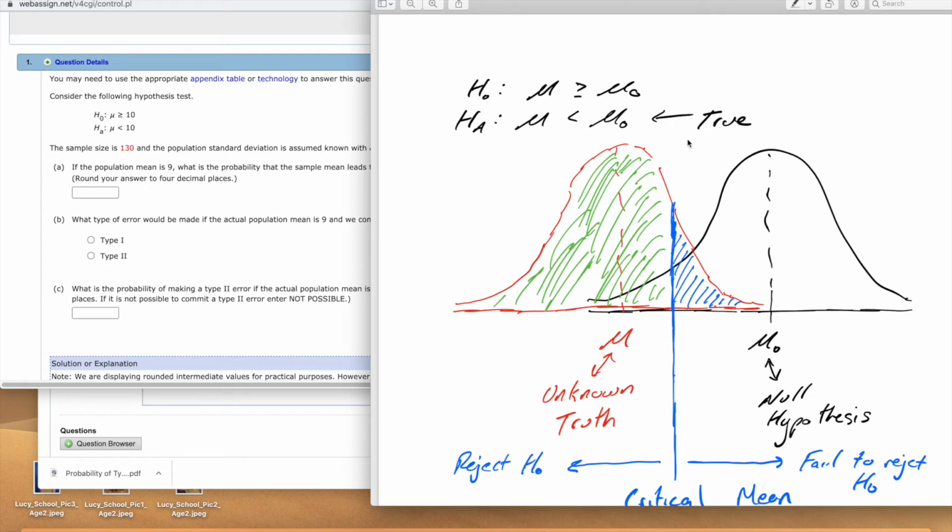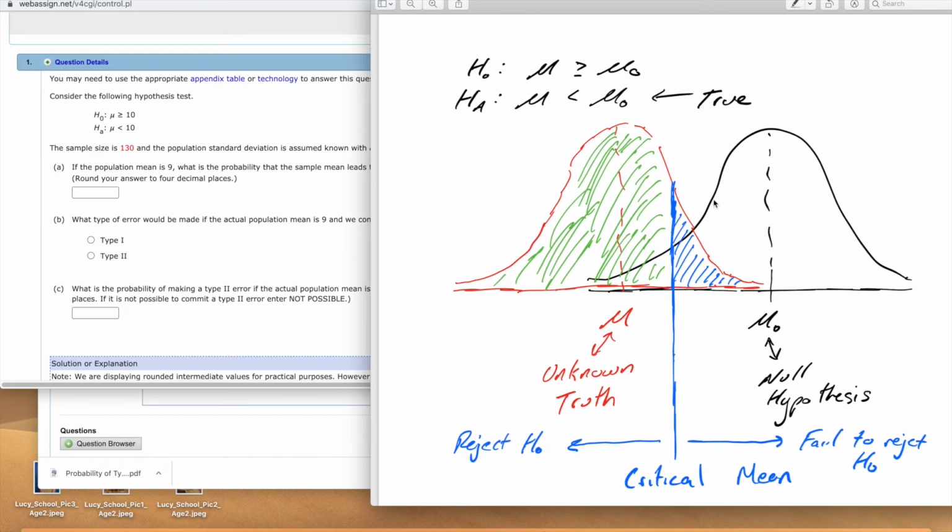Okay, so we could draw out this situation. The unknown truth, so we know it's 9, but when we're doing the hypothesis test, we don't. So we're pretending we don't know when we draw these. We have some unknown truth down here. The true mu. That's what our question is about, right?